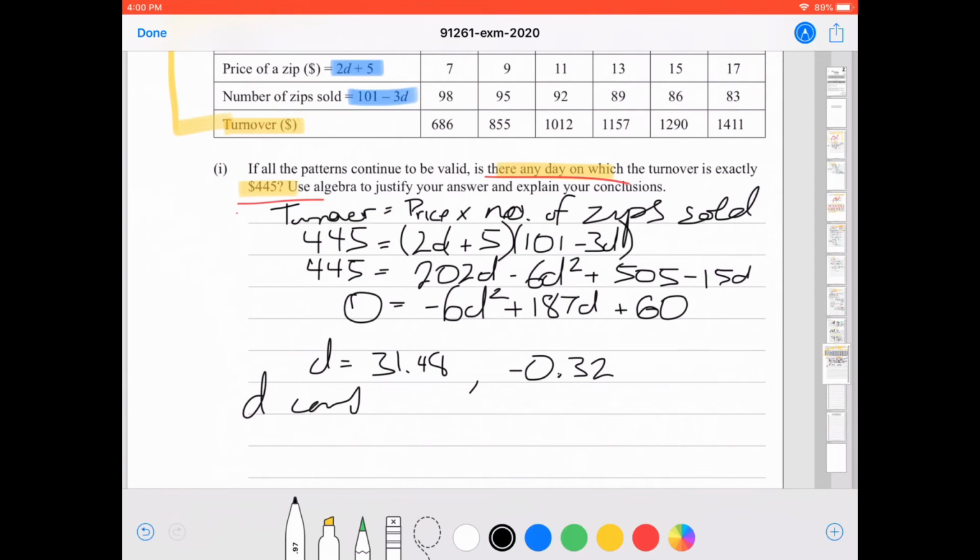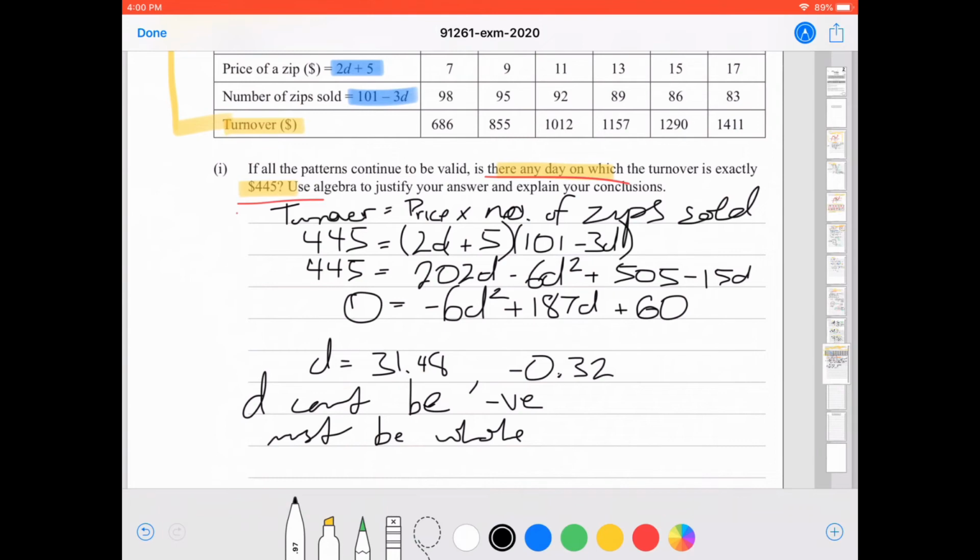D can't be negative, and also we need D to be a whole number. Again, we're talking about days here, so D must also be whole. You can't really be dealing in 31.48 days, for example.